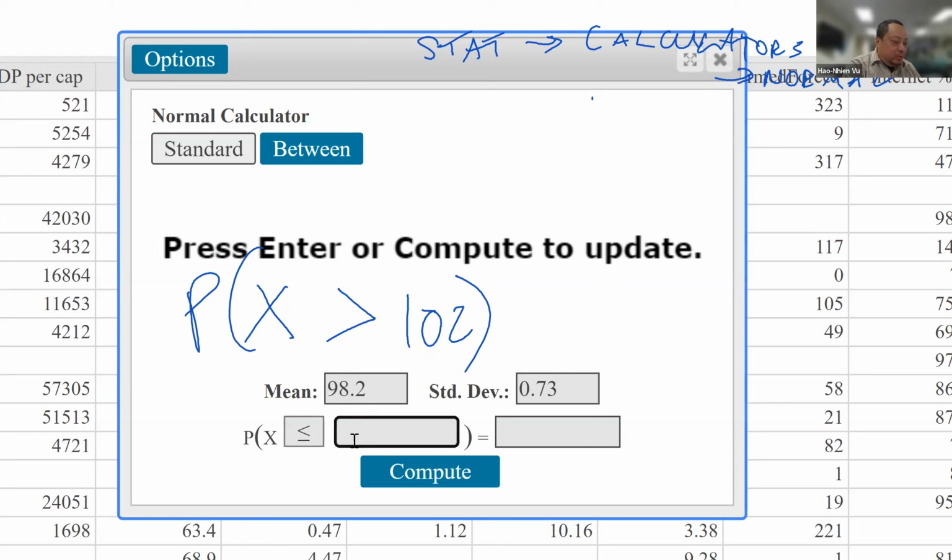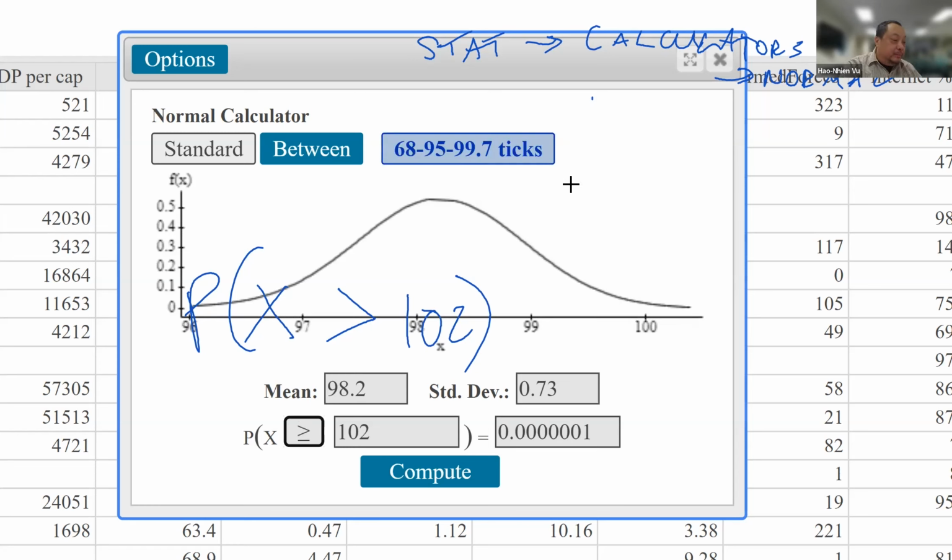So we know this number is 102. And we want the greater than symbol. It's not there. There's a less than or equal, and there's a greater than or equal. It doesn't have greater than, but it's okay. Right before the break, we realized that greater than or equal and greater than are the same for normal distribution. Be careful, that's not the same for other distributions. Just normal. So we change it to greater than, and it gives us an answer.